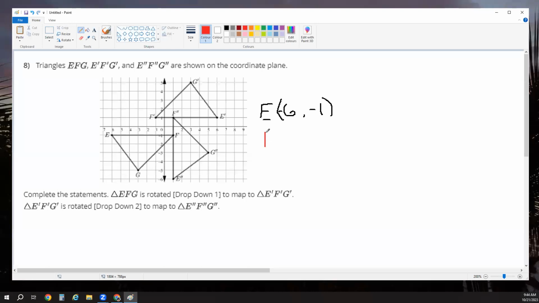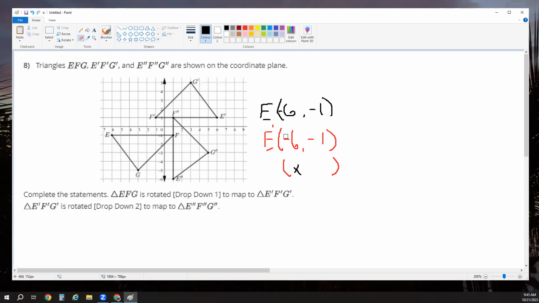So B prime is -6, -1. In terms of black, that stayed the same. Wait a minute, that's not right at all.